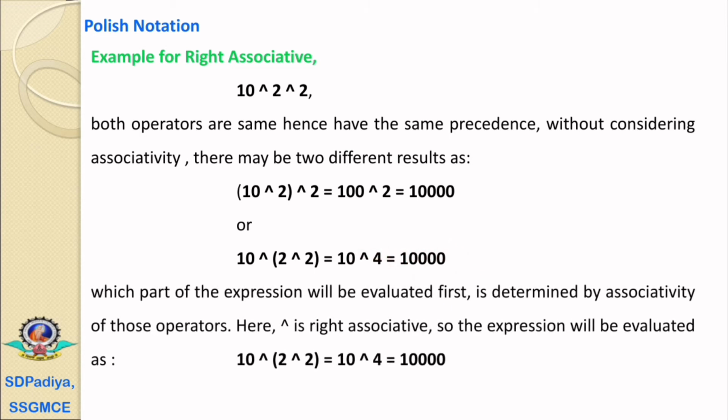Therefore, which part of the expression will be evaluated first is determined by the associativity of those operators. Here, the exponential is right associative, so the expression will be evaluated as, first we perform 2 raised to power 2 and then 10 raised to power 4, because it is right associative, that is right to left.